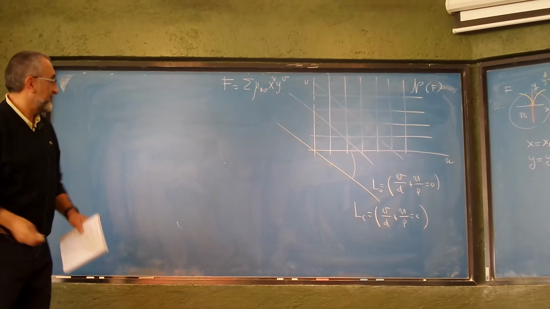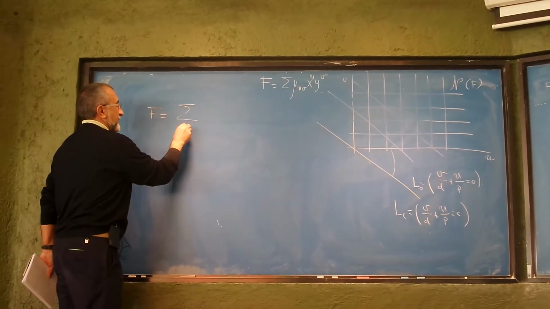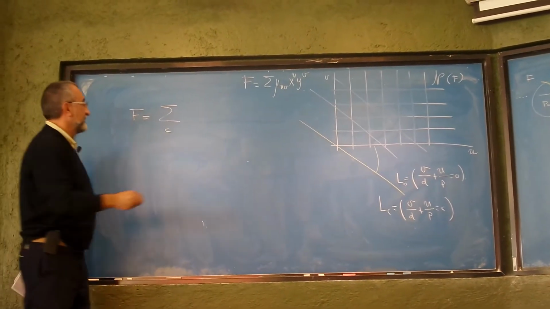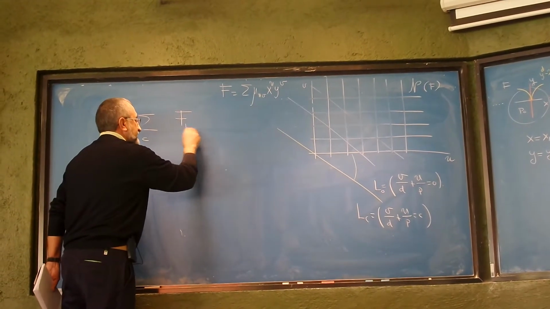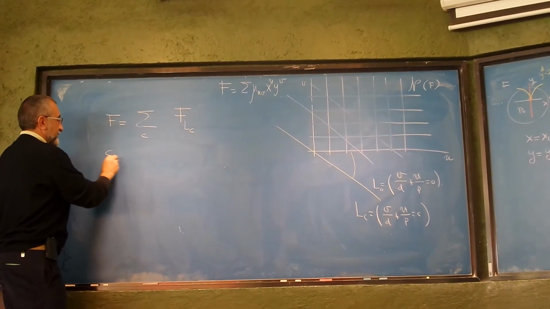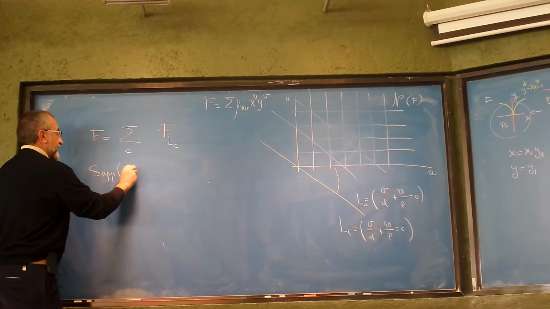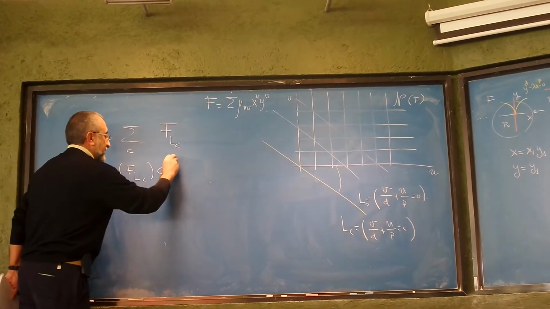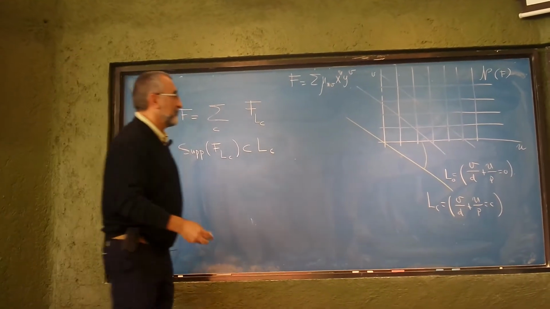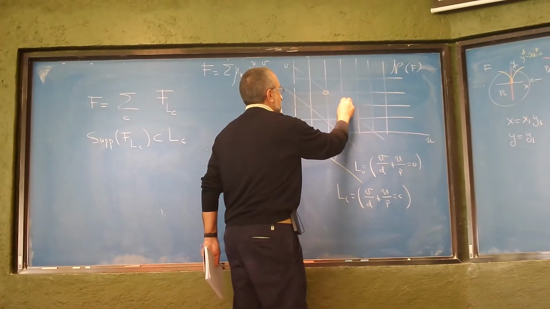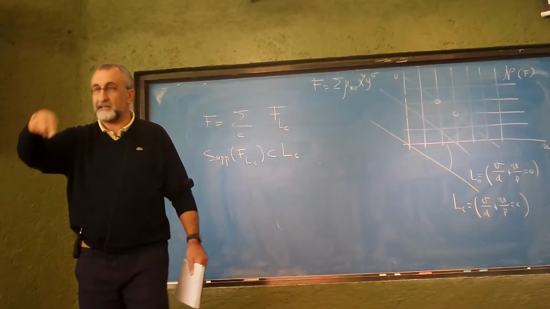Then we can write down F as a sum over C of F_LC, where the support of F_LC is contained in LC. What does support mean? When you are drawing the monomials, the monomials are exactly on that line.